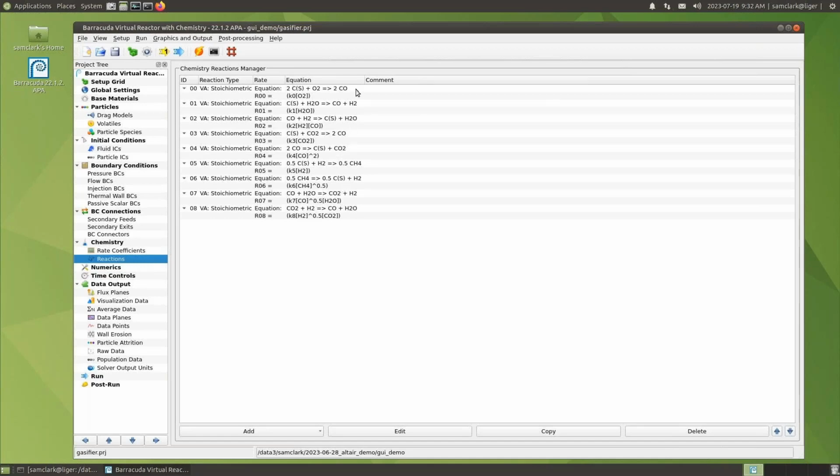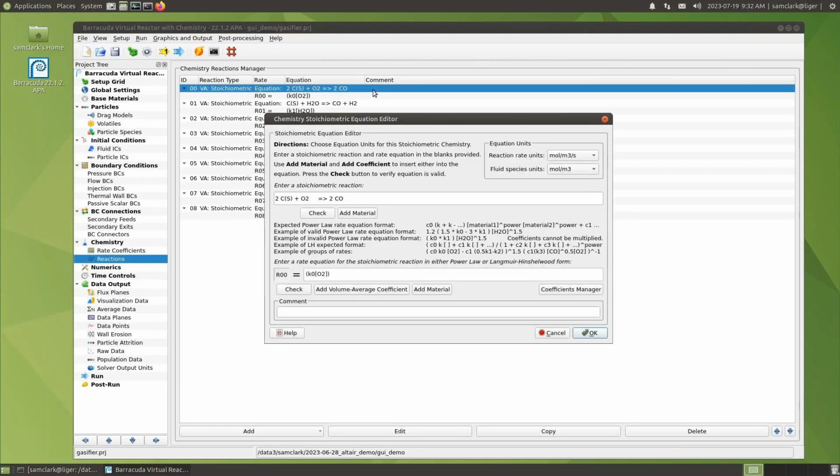If we look at the list of reactions itself, again, this is typical for Barracuda. Some people have more reactions, some people have a little fewer, but I'd say most of the time we're in the 10 to 20 reaction range for what people are doing. A lot of people use stoichiometric reactions, and there are a couple of other options in the GUI, but this one's pretty common.